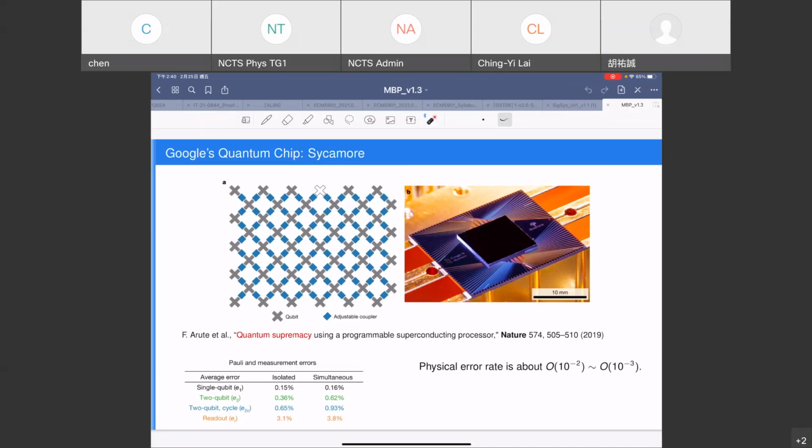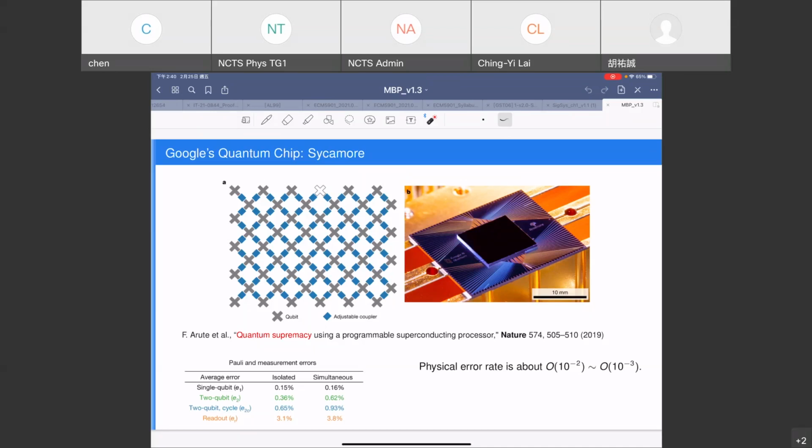You can do some coupling from a qubit to its neighboring qubit, but there are no long-range interactions between any two qubits. You only have some local coupling here.